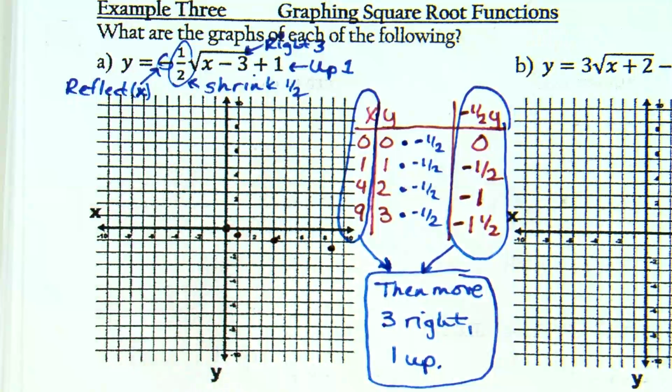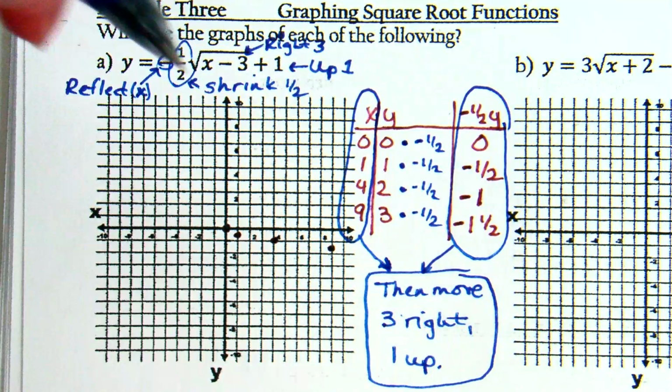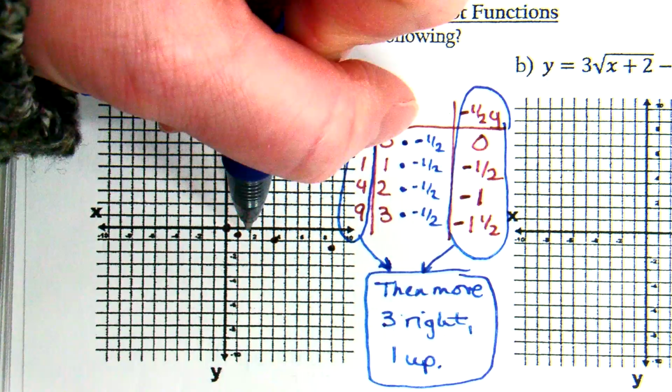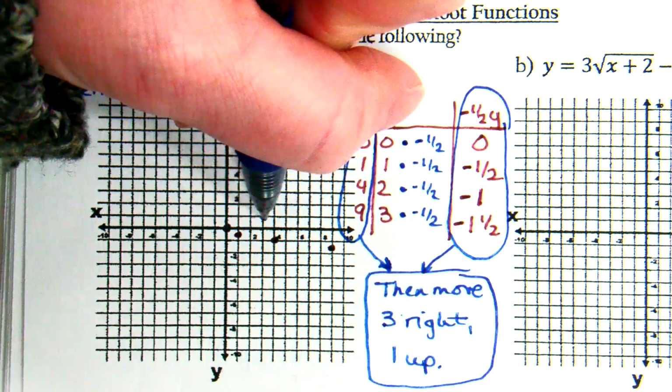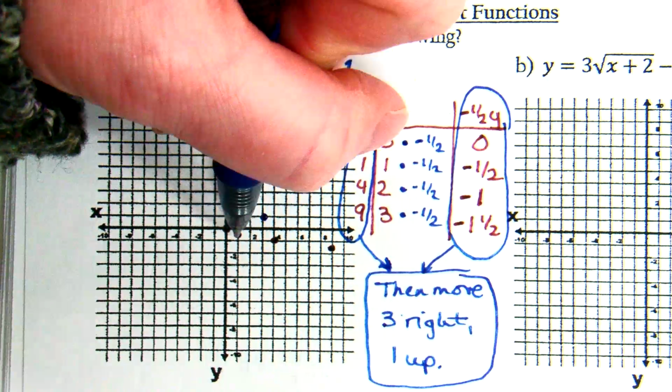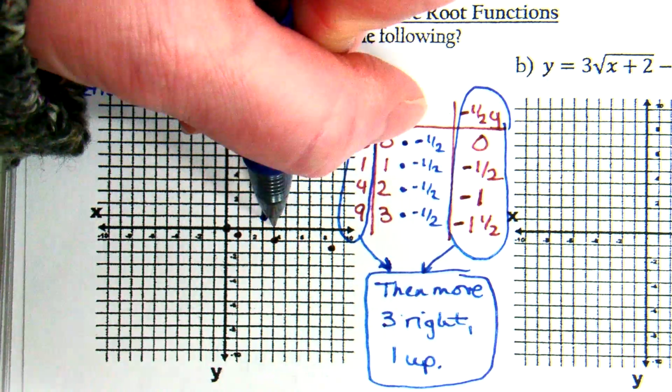Am I done, or are those my final dots? No, because what have I not done? Take those dots and move them right 3, up 1. So if I take each of these dots, right 3, up 1. Take this next dot, right 3, up 1.